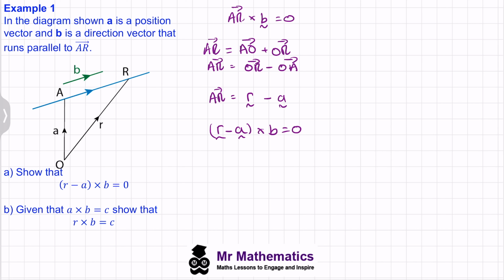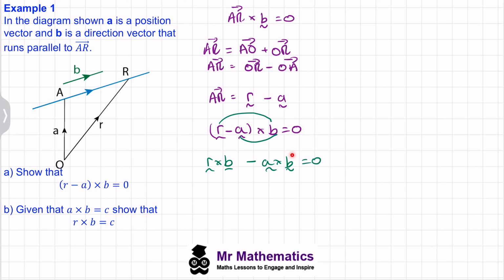Now we can use this form to show this form, where we say a crossed with b is equal to c. What we're going to do is expand these brackets out. We'll have r crossed with b minus a crossed with b, and this will equal 0.